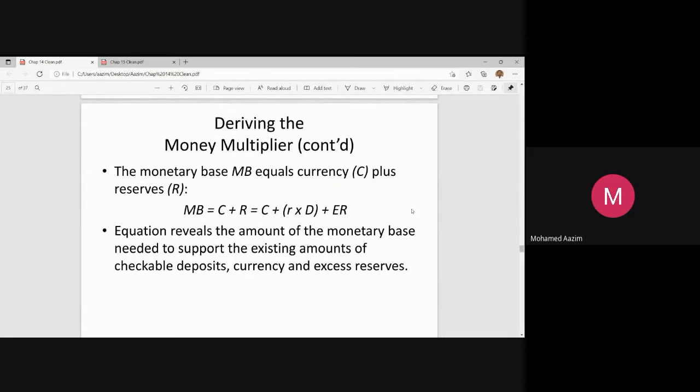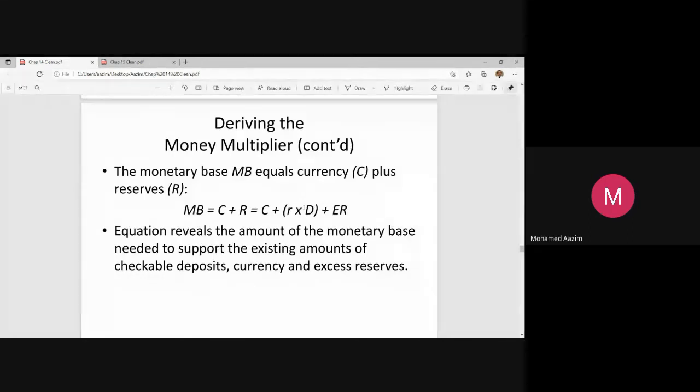C plus, instead of R reserves, you define that as required reserves plus excess reserves. And required reserves you have further expanded to say required reserves is required reserve ratio, that is small r times the deposits, checkable deposits for this particular example.